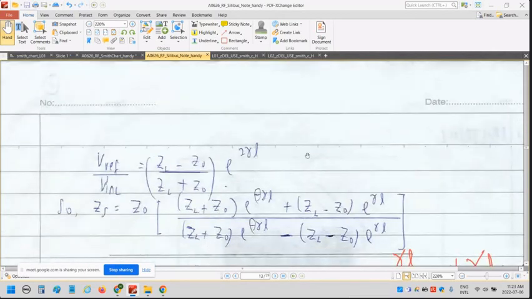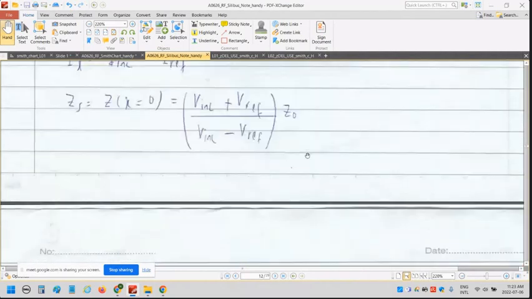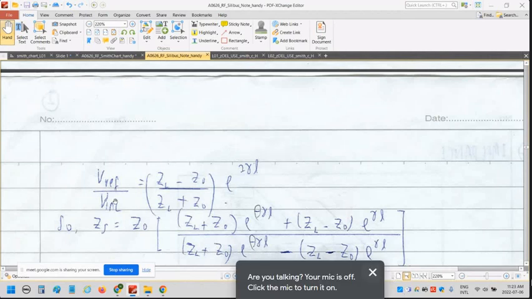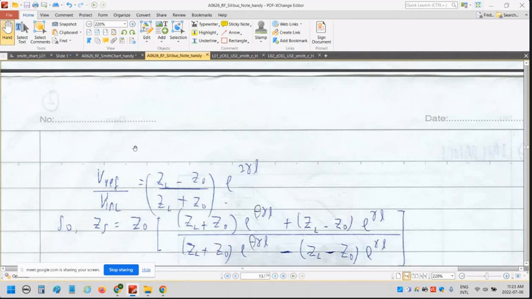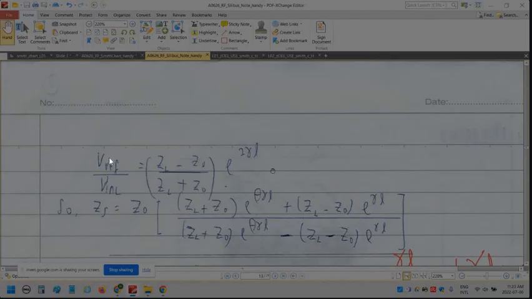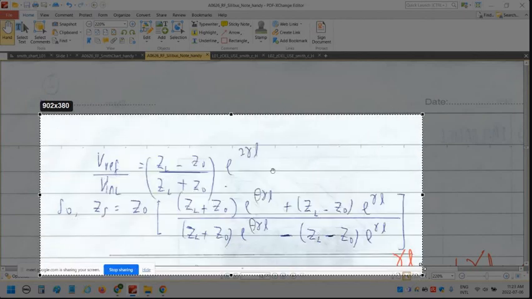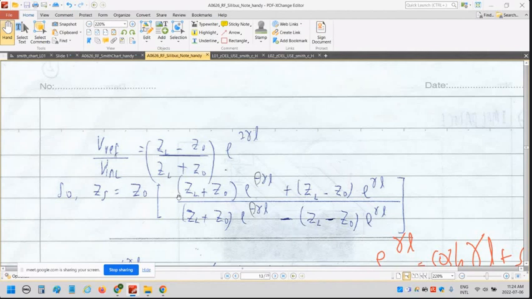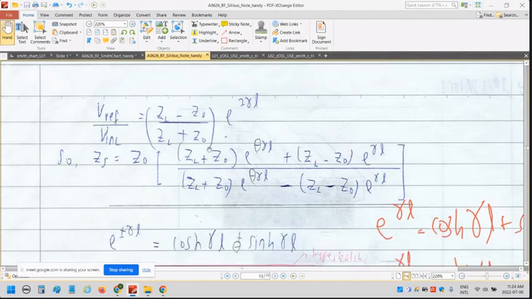Next, here, V reflected divided by V incident, from the formula you just use it, which means ZL minus Z0 divided by ZL plus Z0, and in brackets multiplied by e to the power of 2 gamma L. So Zs equals Z0, so you get this one.